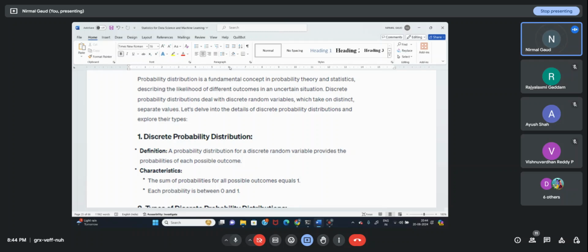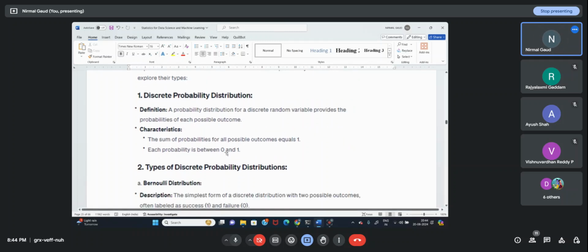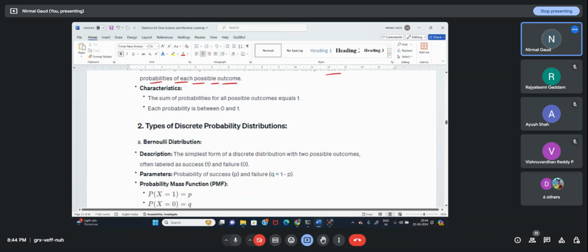In a discrete probability distribution, we have discrete random variables, and they provide the probabilities of each possible outcome.